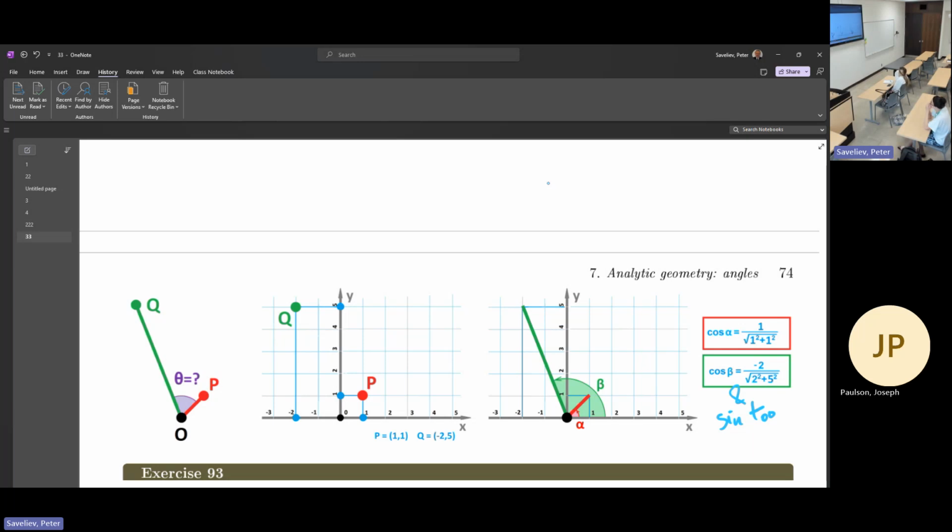There is really no problem in that respect, but that's not the angle we care about. We need theta. We know the angles alpha and beta, and we need to find the angle theta. So where are we heading with this? Find the angle theta from our knowledge of angles alpha and beta.